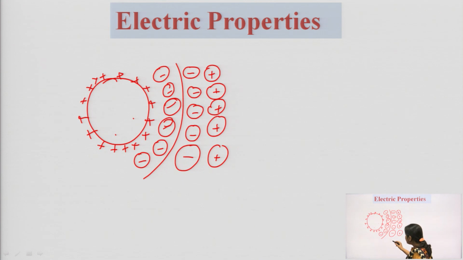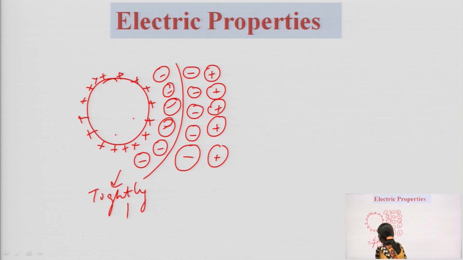But this is a tightly bound layer, and as the distance from the original surface increases, the layer becomes more diffused.